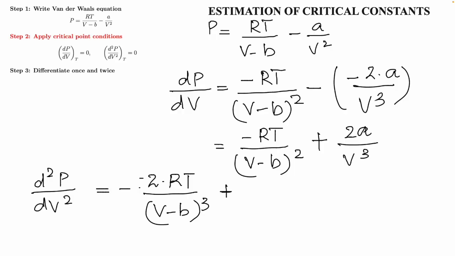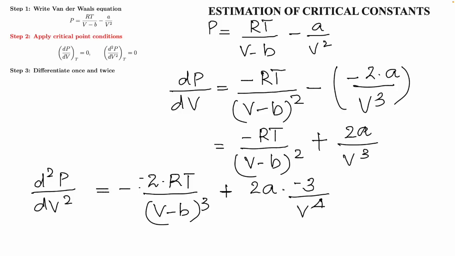Plus, now 2a is a constant and we will differentiate 1 by V cube, so there is a negative 3 by V raised to 4.